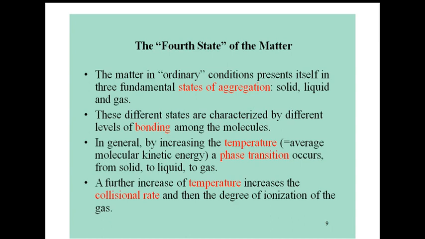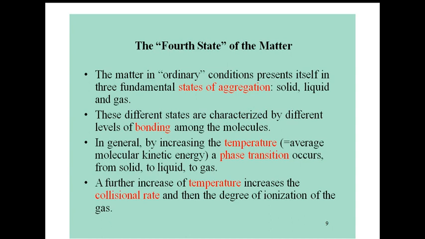When we do this, a phase transition occurs, as you can see in my first slide: if you increase the temperature, solid goes to liquid, liquid to gas, gas to plasma. If you increase the temperature further, the collision rate increases and the degree of ionization of the gas also increases. Therefore, you can have the plasma state, the fourth state of matter.